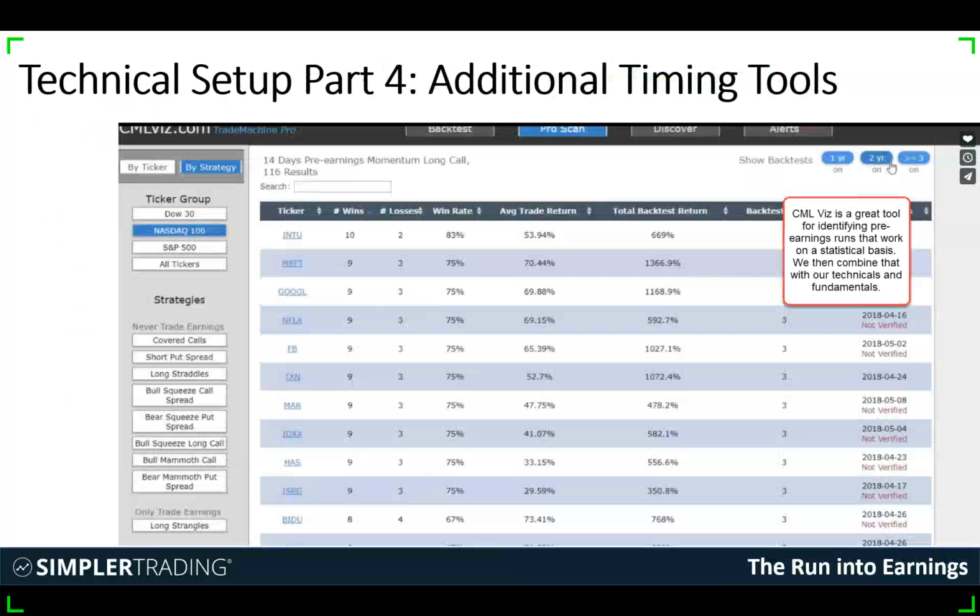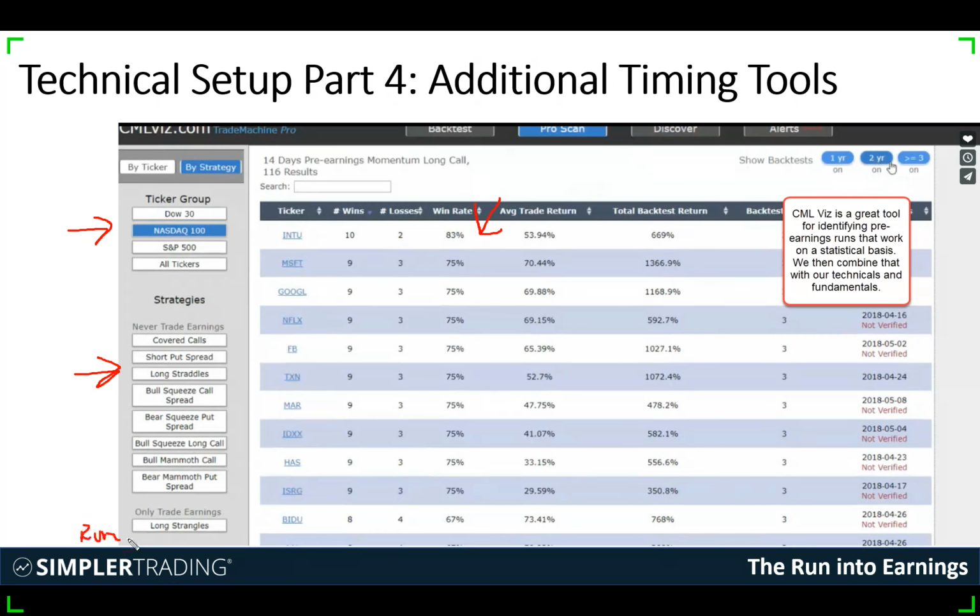So technical setup, part 4, timing tools, CML Viz. Like I was saying, for those of you who aren't familiar with it, this is a separate service that we use. It's cmlviz.com. This is what it looks like. Basically, it's all about math, all about probabilities. You can come in here and say, okay, I want to look in the NASDAQ for stocks where I want to buy long straddles for the run into earnings.